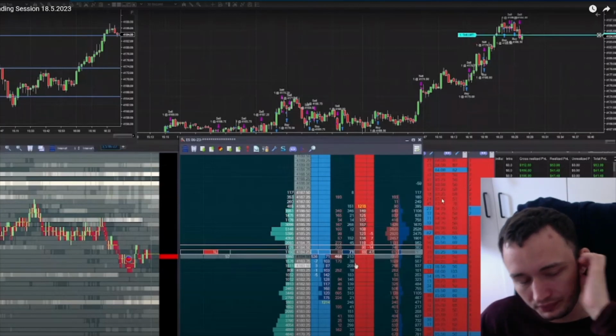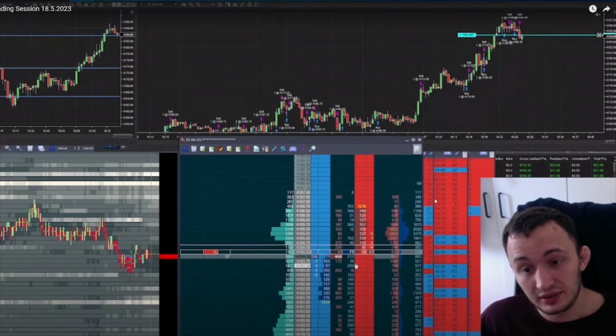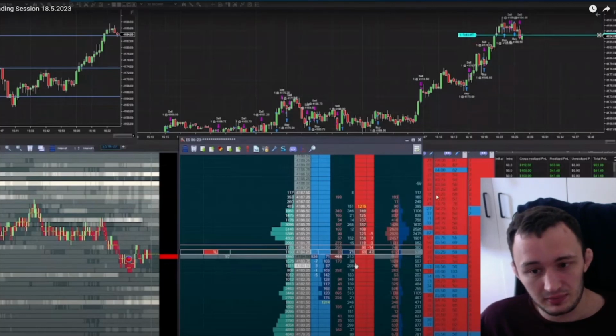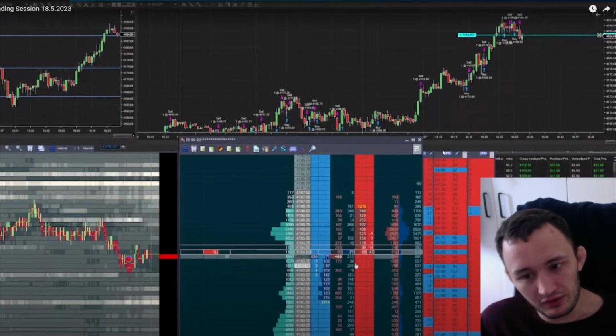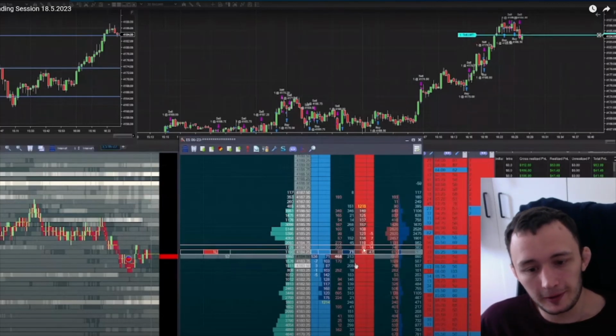So I do think these are the bigger players here, and this is mid-size, from 10 lots plus, so just a little bit bigger guys. Most of these are also bigger players, very often the same, but they just split them up in those 2 blocks. But this could also be bigger retail guys or anything really.